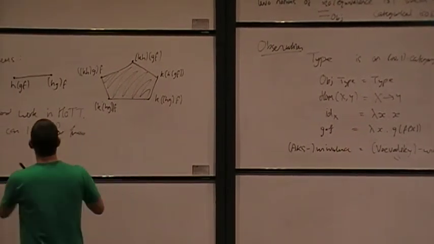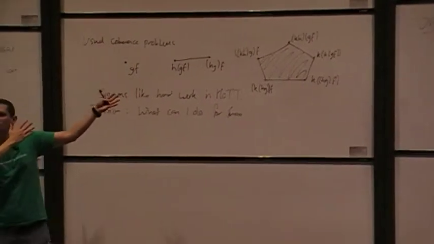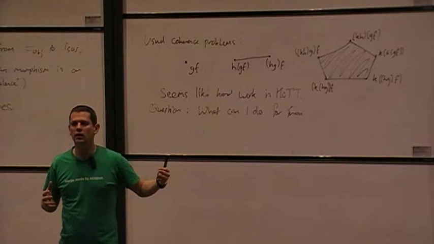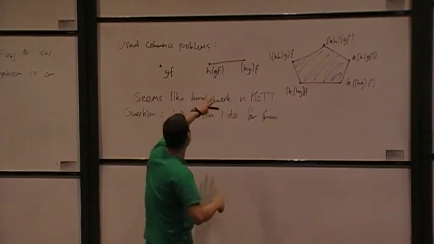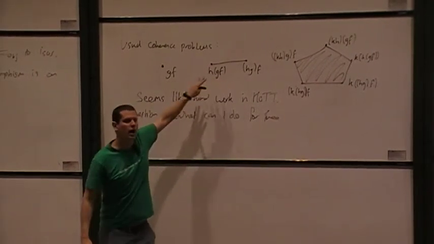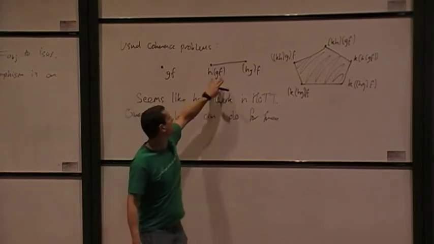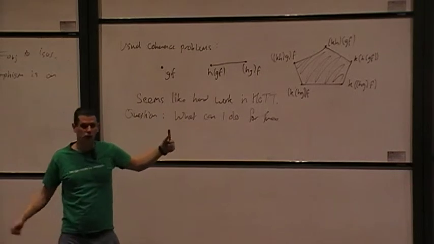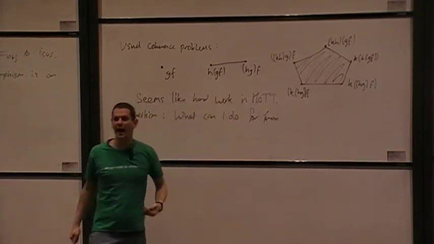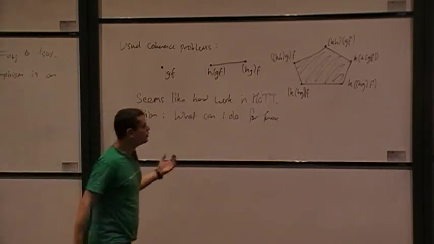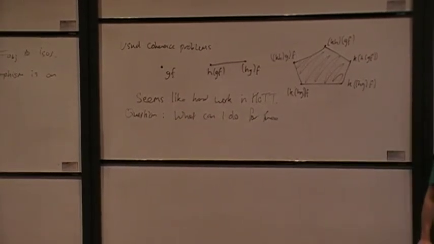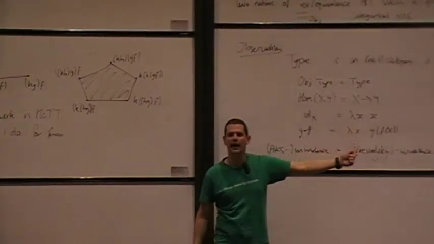So you try to construct the associative law, and Agda doesn't let you do any work. You try to write down an identity between H composed with GF and HG composed with F. And Agda normalizes both of them for you to lambda x goes to H of G of F of x.